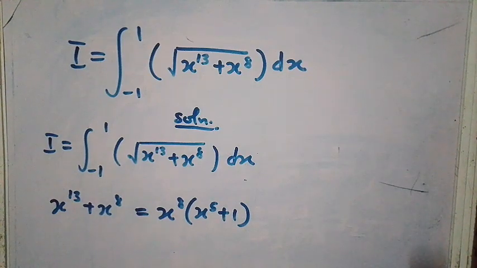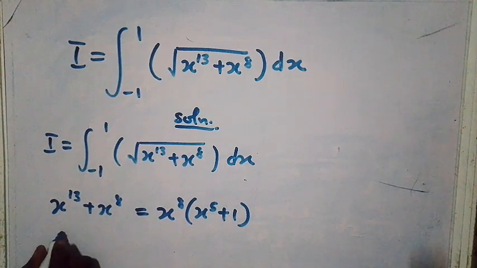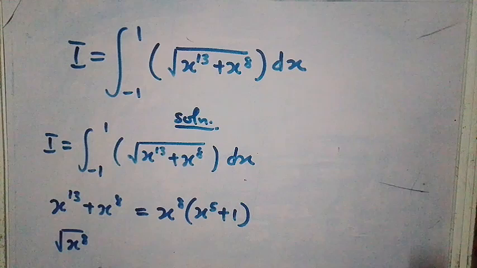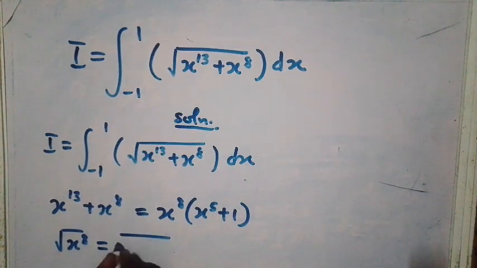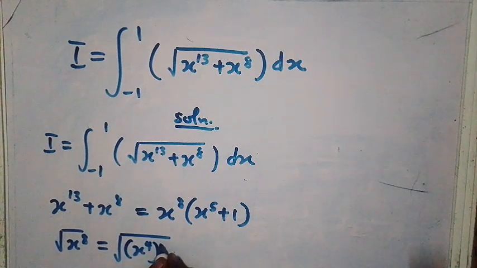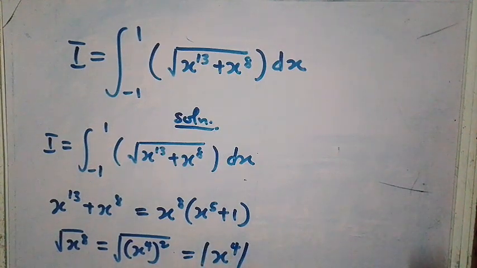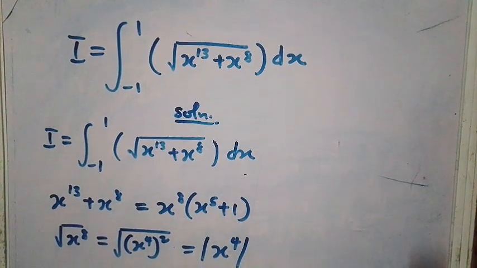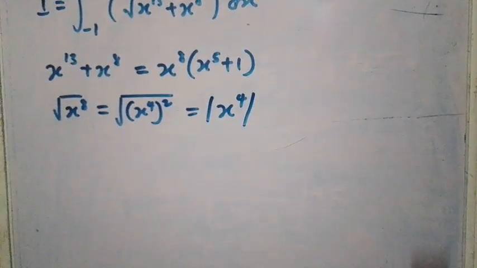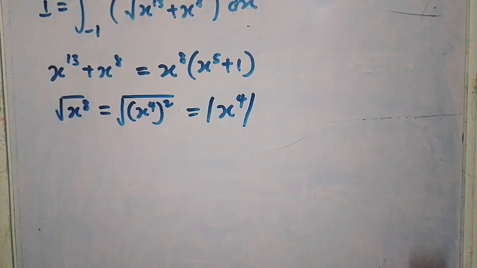So the square root of x raised to the power 8 can be resolved into the square root of x raised to the power 4, squared, which is equal to the absolute value of x raised to the power of 4, because this is greater than or equal to 0 for all real values of x.